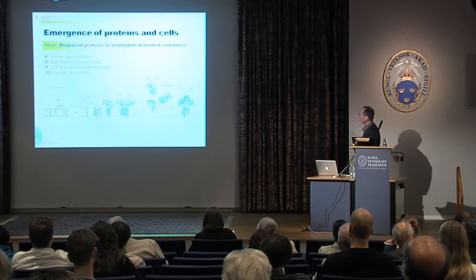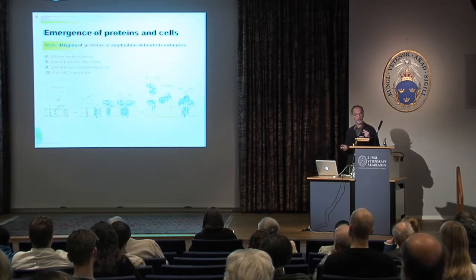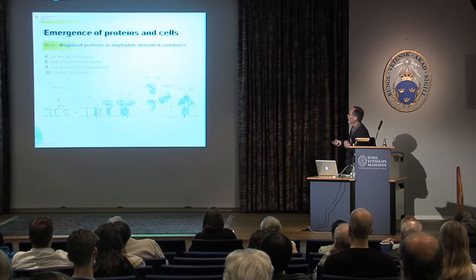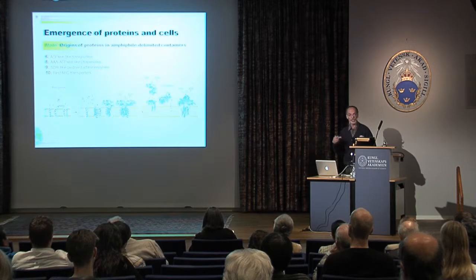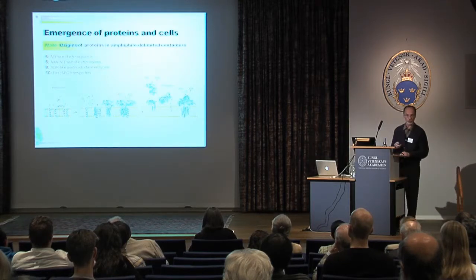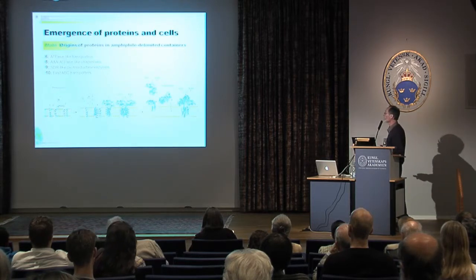Now, interestingly, the first two architectures that appear in evolution are linked to membranes. These are the ATPase-like transporters, and then the AAA ATPase chaperones that usually associate with each other in performing crucial functions. Some of them modern, but some of them very ancient.